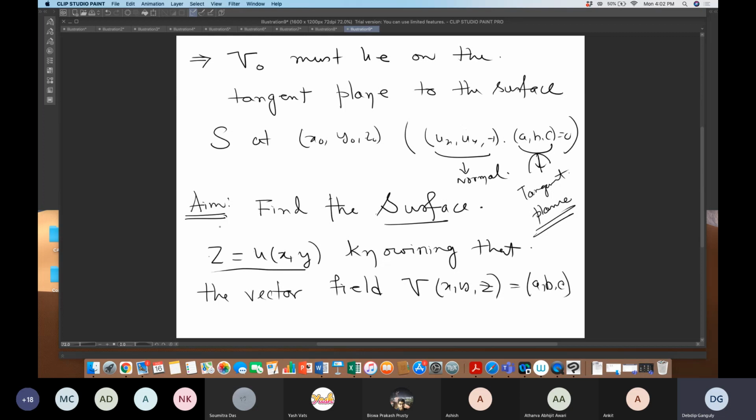Now find the surface S, knowing that the coefficients a, b, c are given.